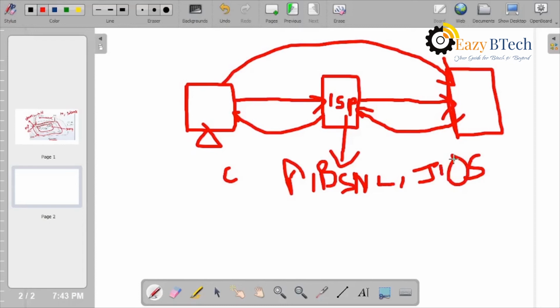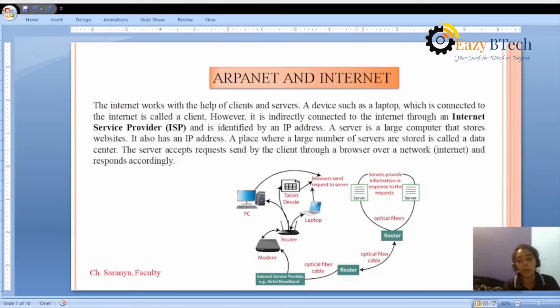We can access the network by using those particular service providers. To access the network from the server, the mediator in between is called the internet service provider. It may be telephone lines, it may be SIMs, or whatever it may be. We can't directly connect to the network or the server. We indirectly connect to the network. That means in the middle we have the concept of an ISP, Internet Service Provider, that provides services to a user.